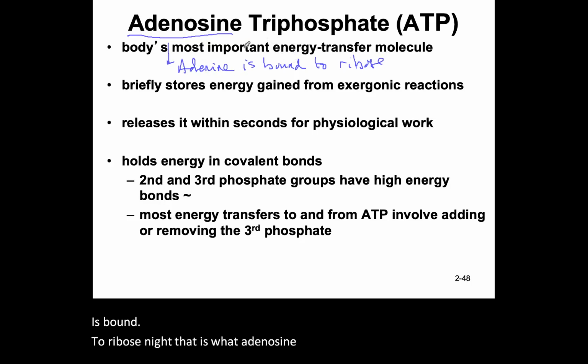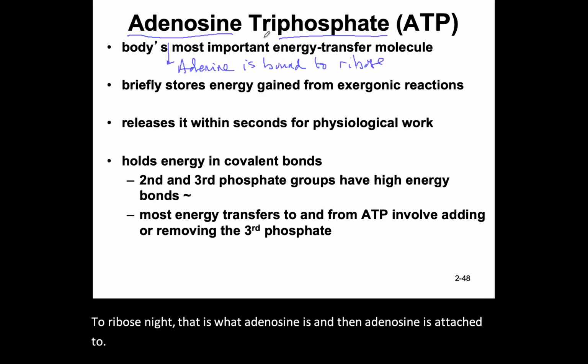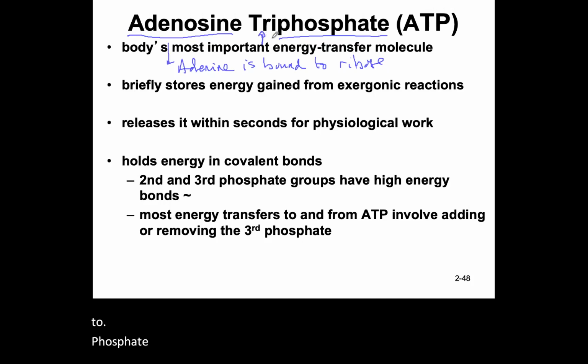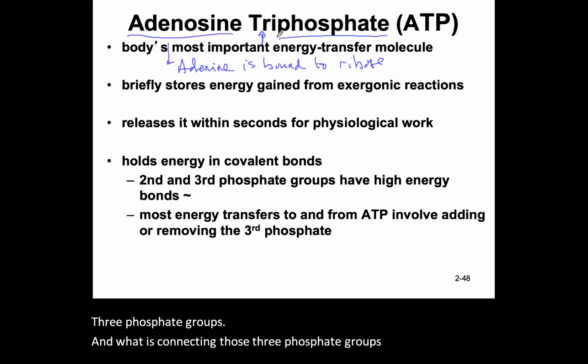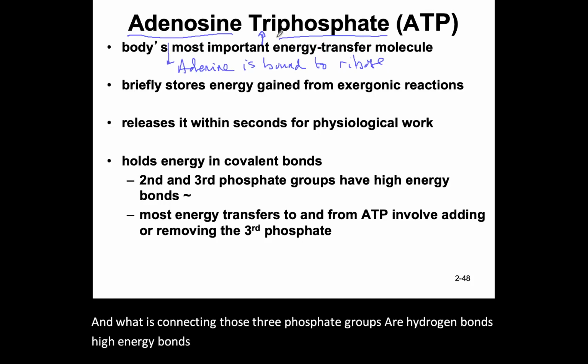And then adenosine is attached to phosphate. 3 phosphate groups. And what is connecting those 3 phosphate groups are high energy bonds that break very easily because of the amount of energy that they're containing.